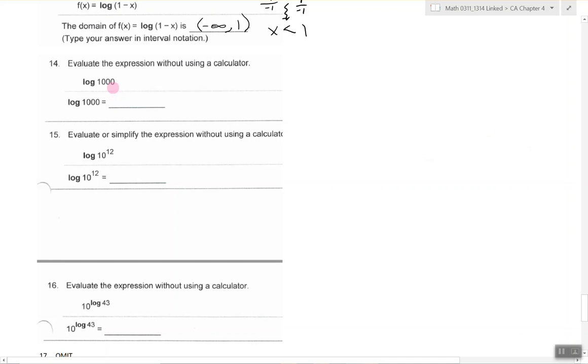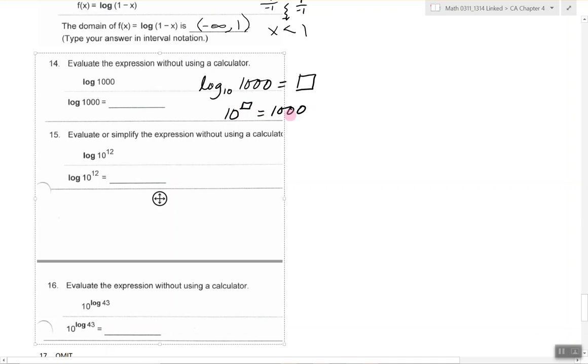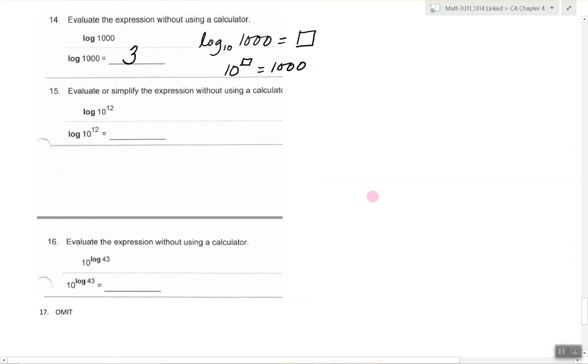So here, when it just says log, it is implying base 10. We don't usually write that. Of 1,000 is equal to something, but I don't know what it is. I'm going to rewrite this in exponential notation. 10 to some mystery power is equal to 1,000. What power do you have to raise 10 to get 1,000? The answer is 3.